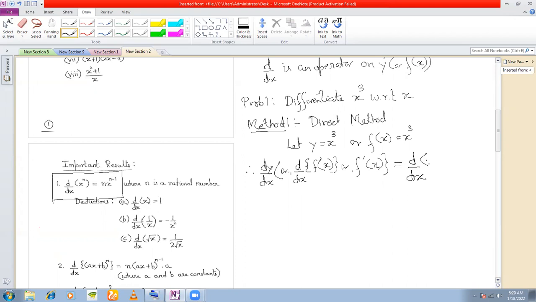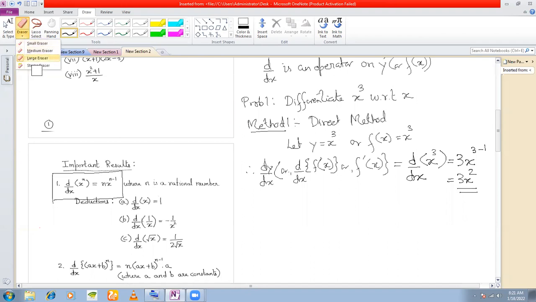It is x cube, right? So if you see from this formula, n here is 3. So n into x to the power of n minus 1 is 3x squared. So the differentiation of x cube with respect to x is 3x squared. Or we say the derivative of x cube with respect to x is 3x squared.